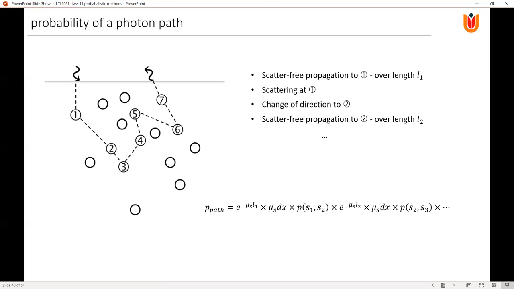So that is basically, in the graph, the probability of traveling from the boundary there to the point L. Then the probability of scattering at a certain position: of course, the likelihood of scattering was given by μs. Then μs times dx is the probability of scattering exactly in that small interval.